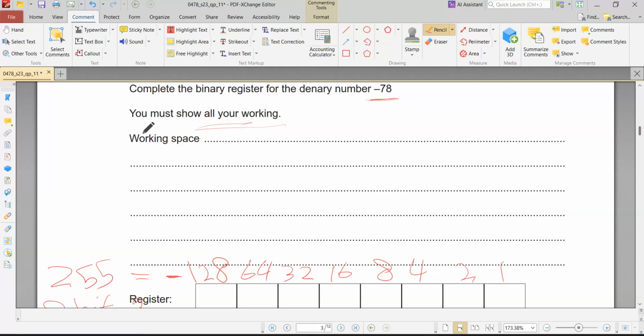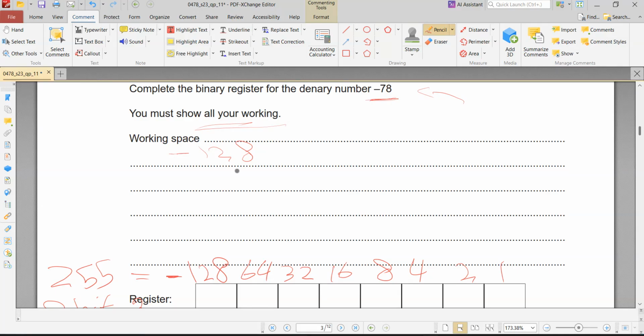So simply, to answer this kind of question using the two's complement, for the last digit 128, I have to add it to the 64 to see if it gives me the number negative 78 or the nearest number to it.